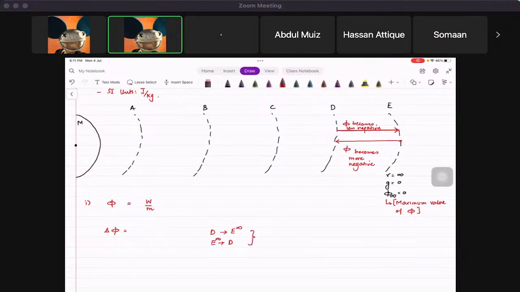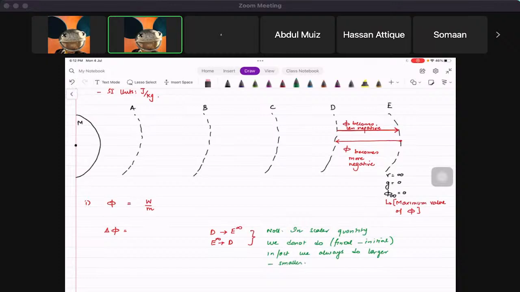So I'm going to write a note here. Note: in scalar quantities, we do not do final minus initial. We never do that. In fact, we always do larger minus smaller.